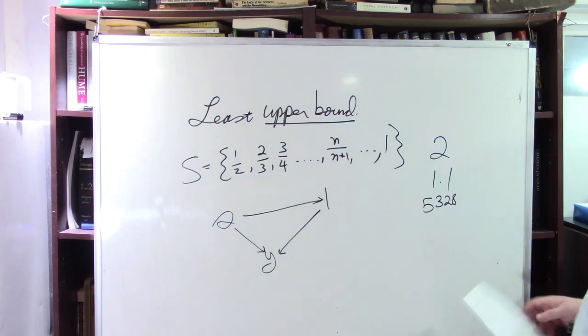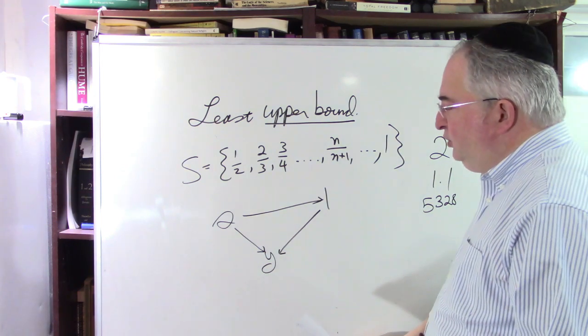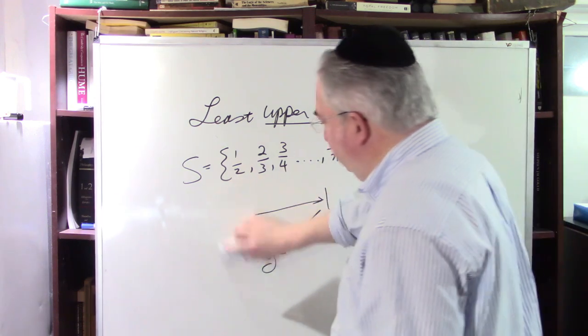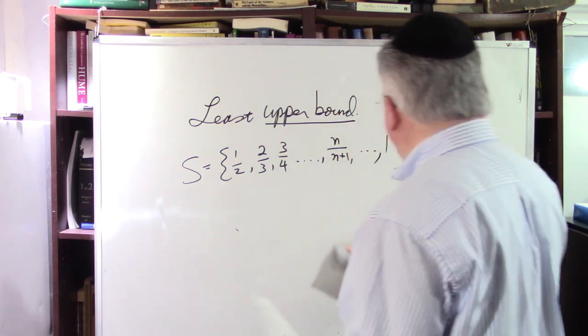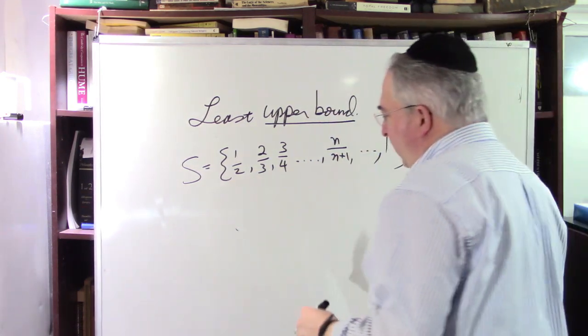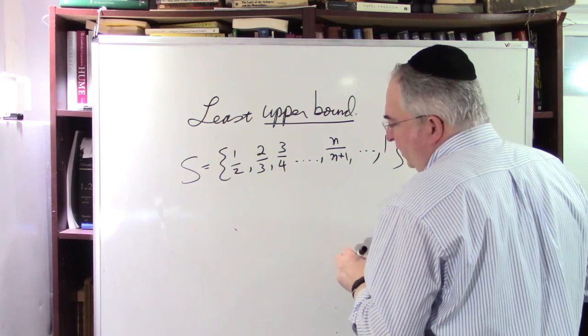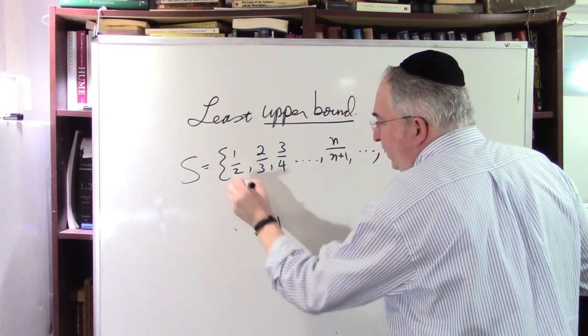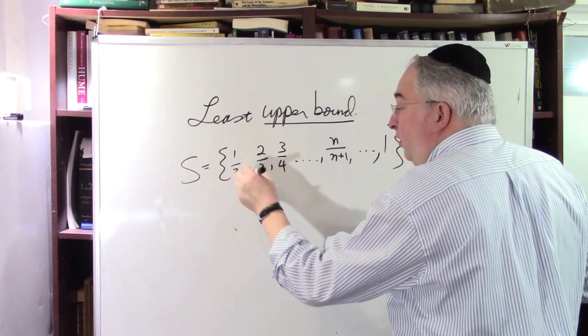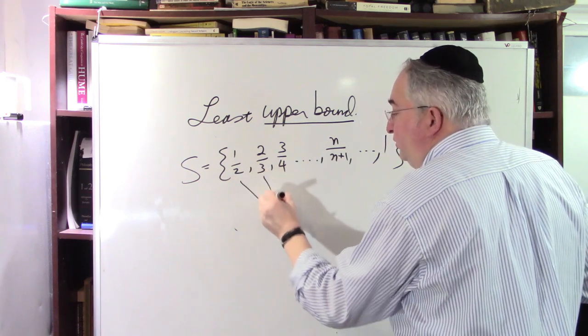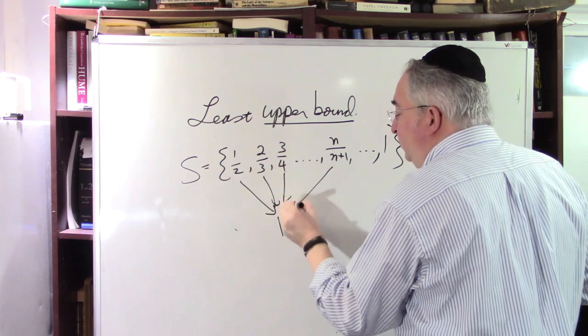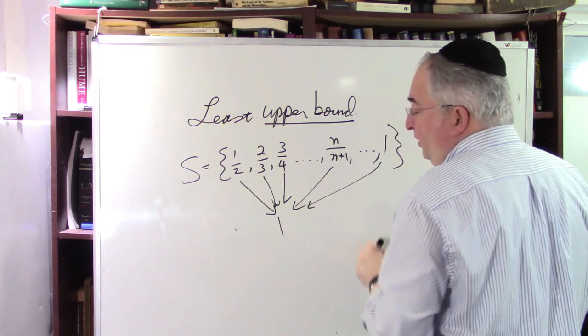So that has a similar feel to what we're doing here. If you want, we can even draw it the same way, and this is something we're going to see later on with limits. 1/2 is less than 1, 2/3 is less than 1, 3/4 is less than 1, and so on, less than or equal to.